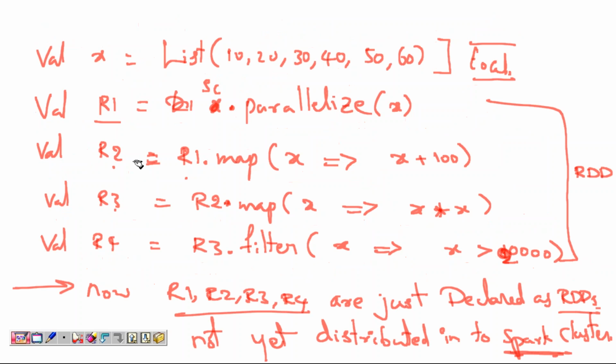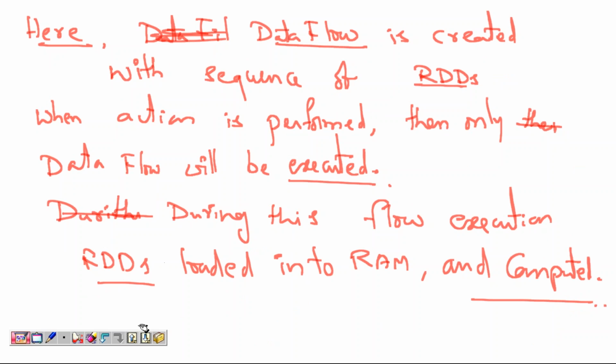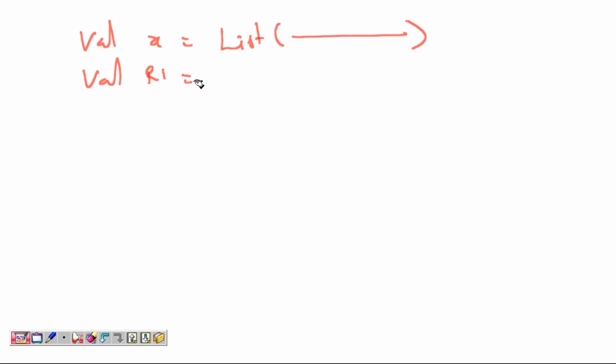I am coming back to the previous statement. What is our previous copy? Val x is equal to some items. Val R1 is equal to sc dot parallelize.